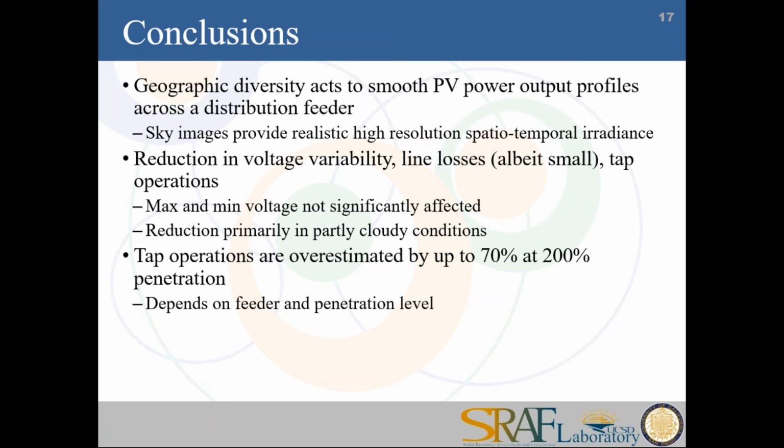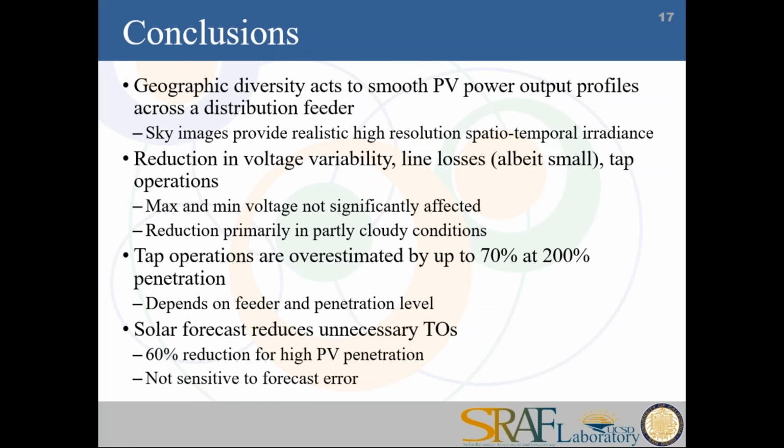So if we compare those two extremes of how we specify solar power output, then we see that there's up to a 7% increase in tap operations for these very high penetration levels. So it's important to correctly specify the solar resource, but it is highly dependent on feeder and penetration levels, so certainly nothing that we can generalize. It goes from 0% to 70%, and depends very much on the feeder configuration.